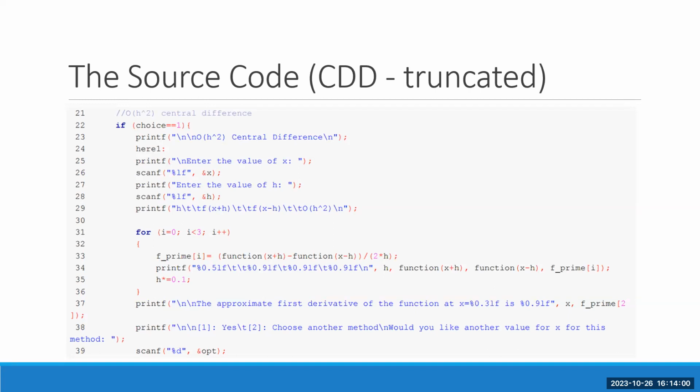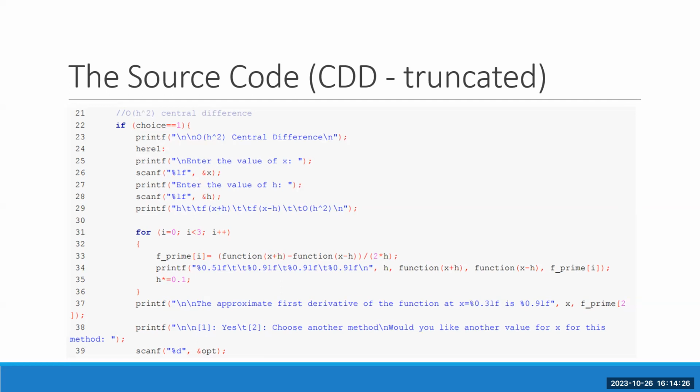For the second order central difference, the code block is activated if the user chooses the OH2 method. It takes input for x and h, which are the point at which the derivative is approximated and the step size, respectively. It then computes the first derivative using the CDD formula as shown earlier.